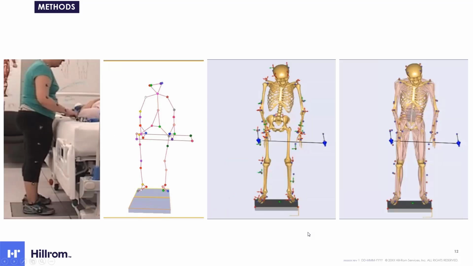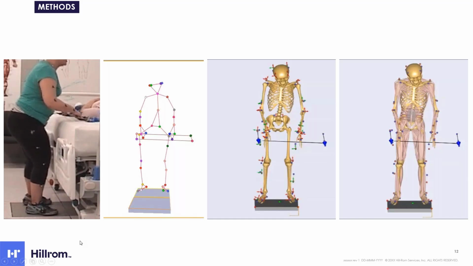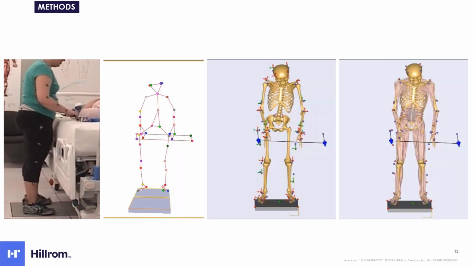Now I can show some animation of the actual task, some examples. So this is a task that pulls the patient up in the bed. So the caregiver, obviously we put the reflective markers on the caregiver, and she stood on the force plate and grabbed the metal bar and pulled the patient up.